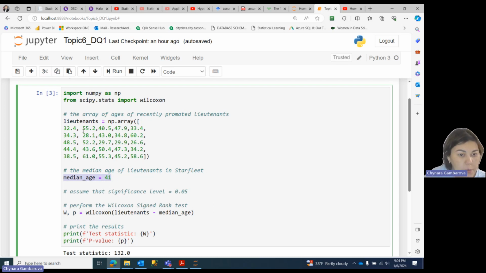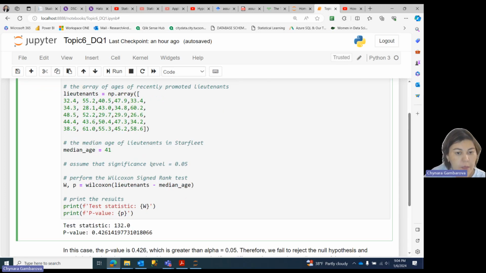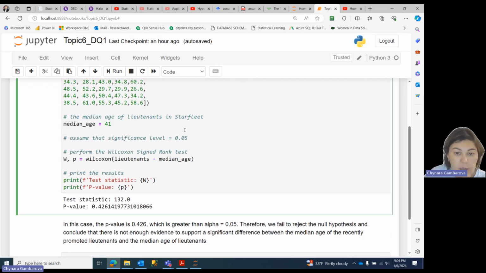We have a sample with the ages of officers who were recently promoted to lieutenants, and we can see whether we can accept the null hypothesis that the median age is 41. We assume that the significance level is 0.05.